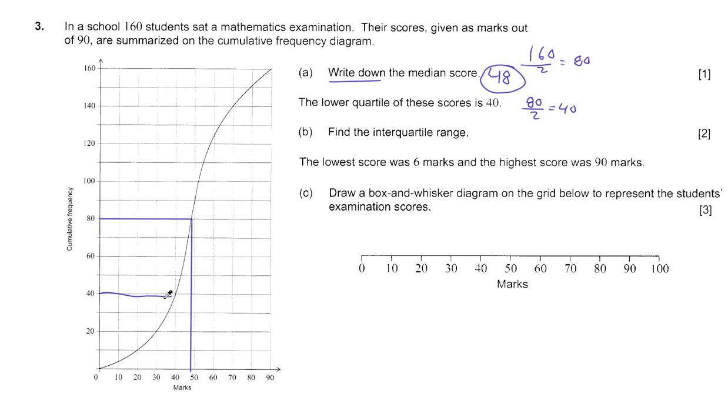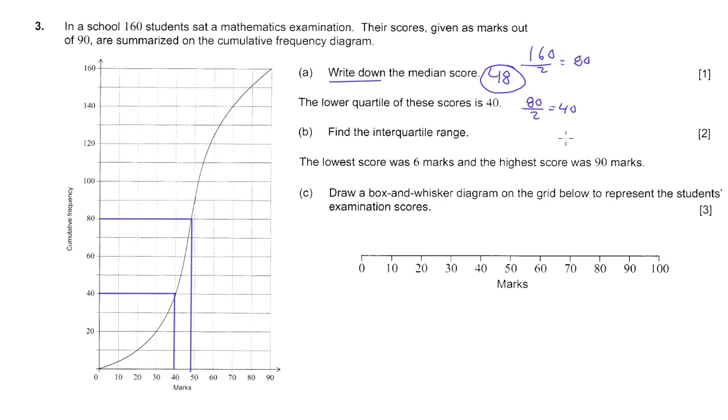Oops, that didn't work. Let's do 40, and you draw a nice straight line over to where that hits, right? Close enough right there. And then you draw a nice straight line down from there.